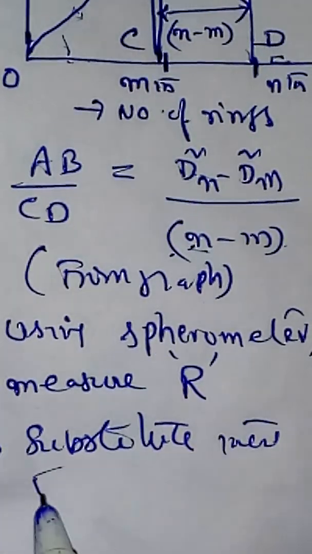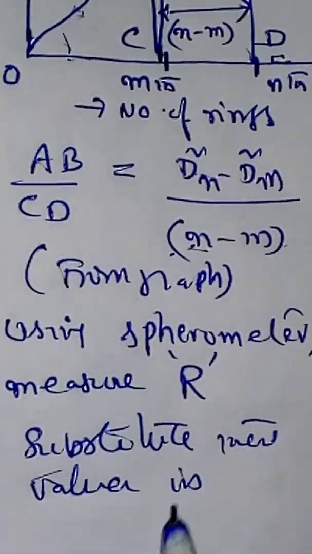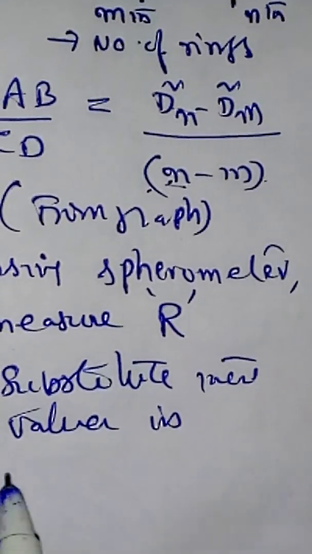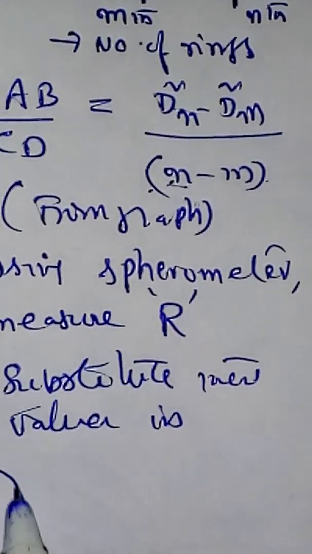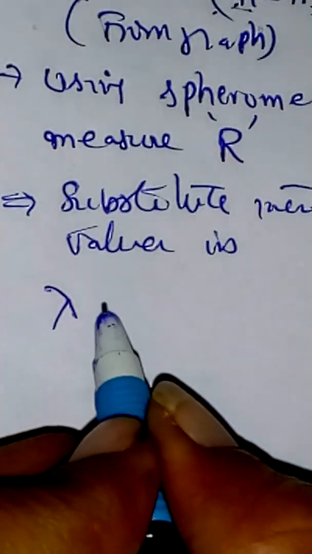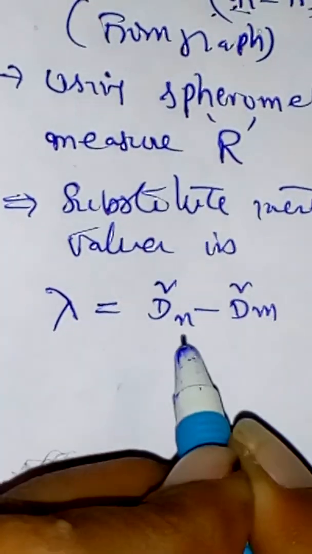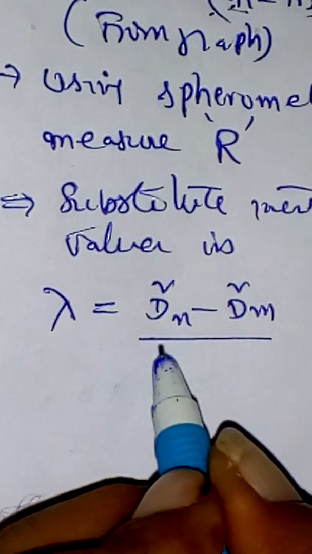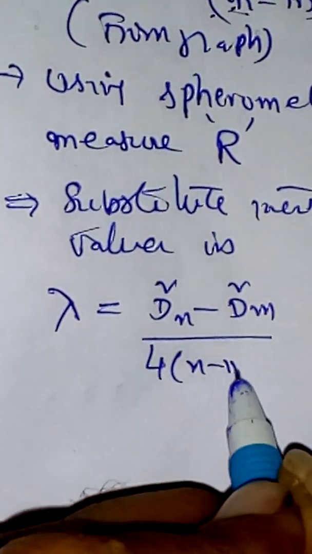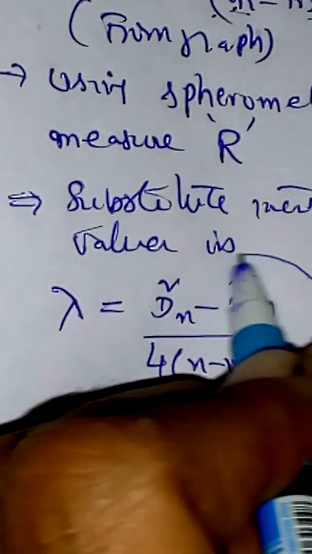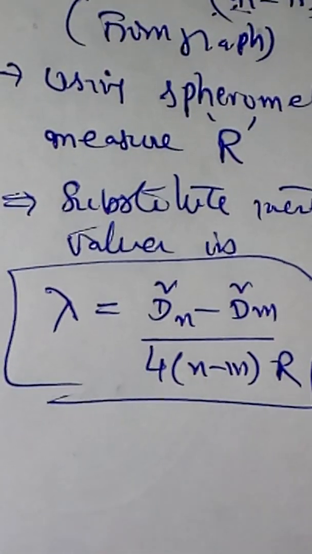Now substitute these values in your formula. What is the formula? Lambda is equal to d square n minus d square m divided by 4 into n minus m into R. This is the formula we got in the last expression.